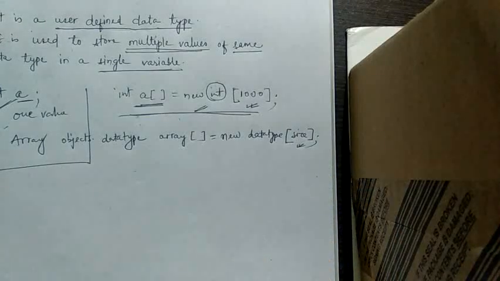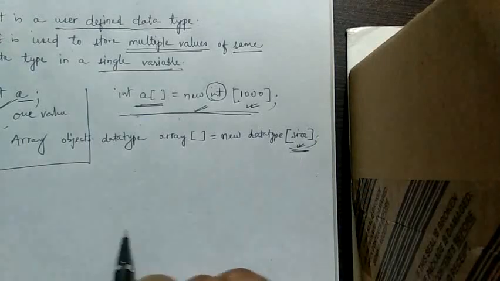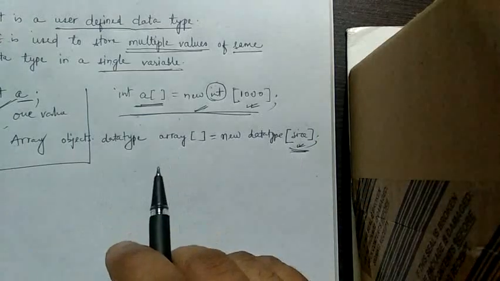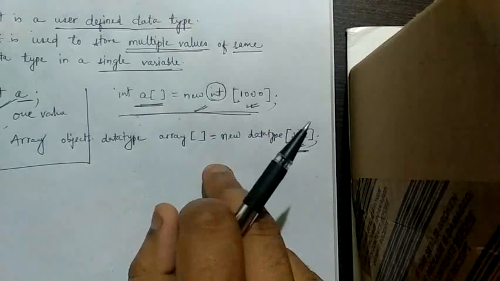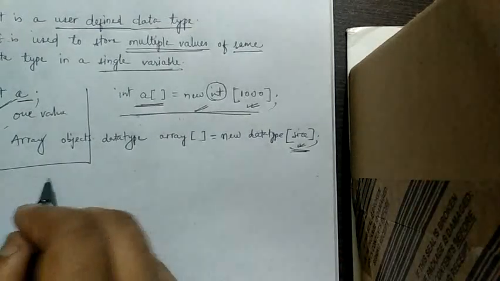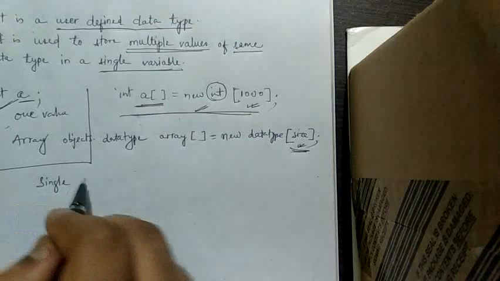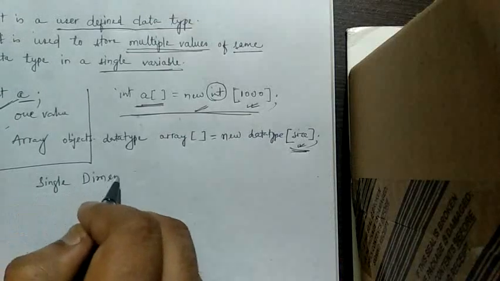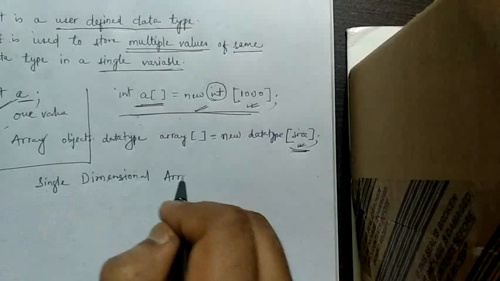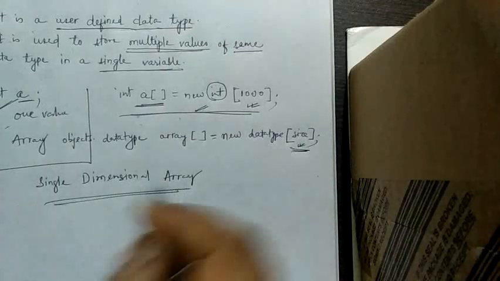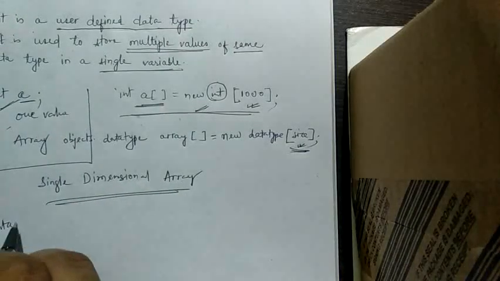If it is a single dimension array, only one value will be there. If it is a two-dimensional array, in that case we will have two square brackets followed by the row and column. So first we will see about the single dimension array. Single dimensional array, for which the syntax already I have written.